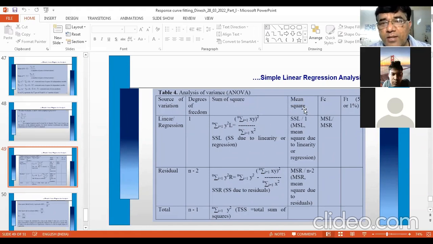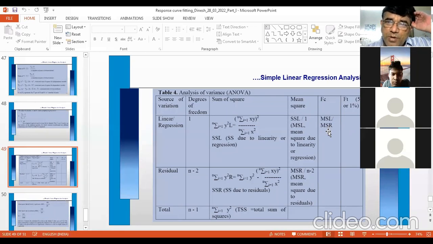Then the mean square, as usual. If the sum of squares are divided by degrees of freedom, you get the mean square. So you can get the mean square for regression and the mean square for error, and then the mean square for regression is divided by the mean square for residual, MSL divided by MSR.